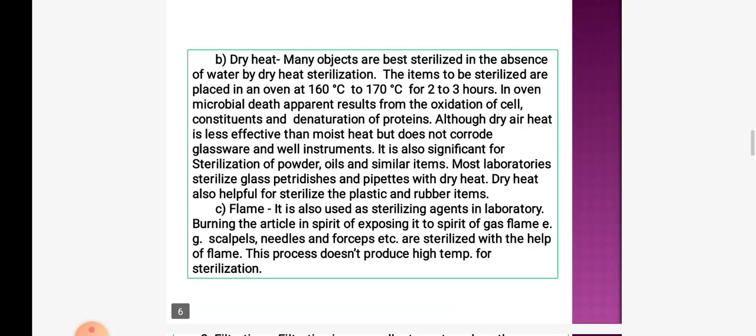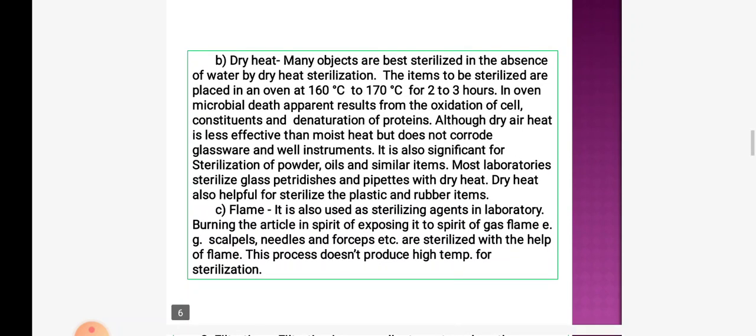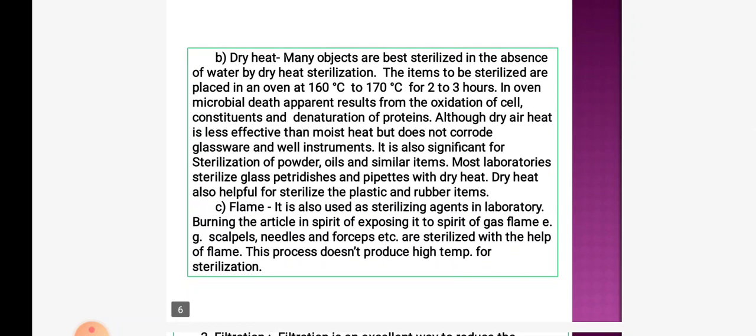Then dry heat is used for sterilization. The items to be sterilized are placed in an oven at 160 to 170 degrees centigrade for 2 to 3 hours, and the microbial death results from the oxidation of cell constituents and denaturation of protein.